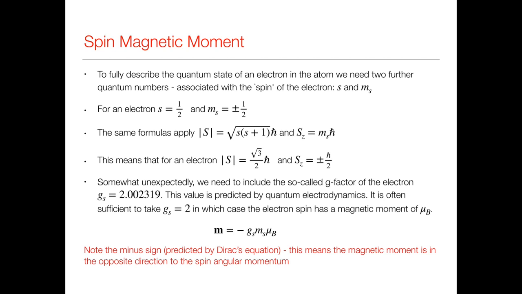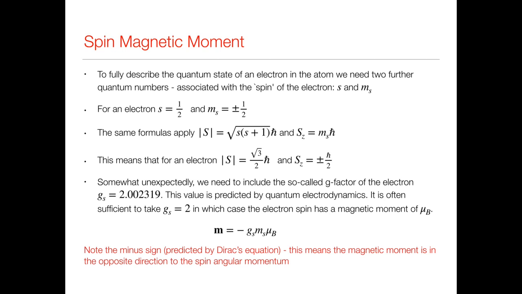Now, you might think that we could just convert from the angular momentum directly into the magnetic moment in the same way that we saw we could do for the orbital angular momentum. But there's a bit of a catch. We need what's known as a g factor. A g factor is what translates between the angular momentum and the magnetic moment. For the orbital case, the g factor was just 1, so we didn't bother talking about it.